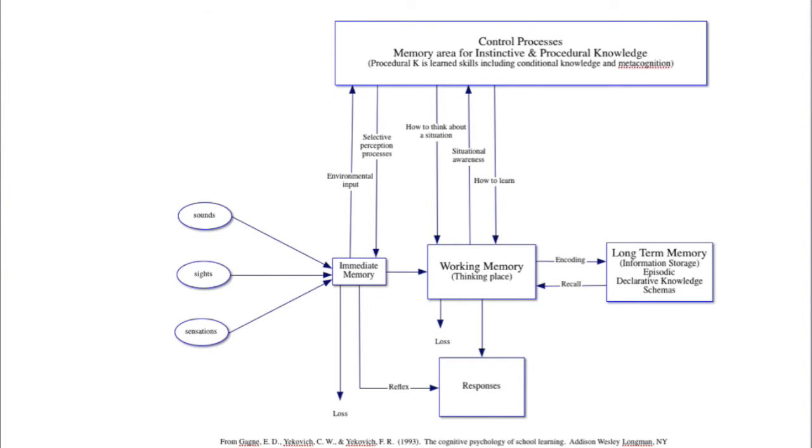But you can employ certain types of attention getting devices or certain situations where you can facilitate the learning by setting the environmental conditions, which then help to activate the appropriate control processes for learning.